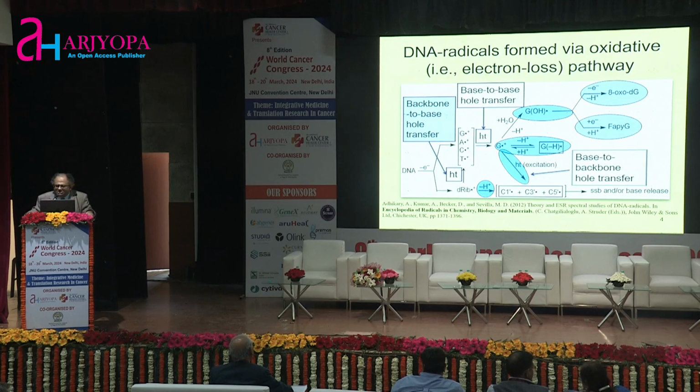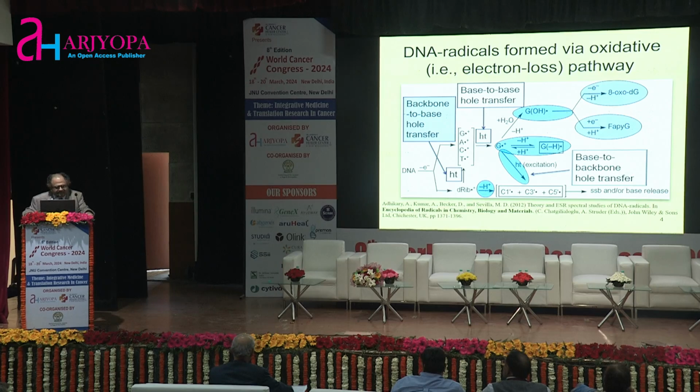That is one reaction called prototropic equilibrium. The guanine cation radical also undergoes nucleophilic attack of water, producing the GOH radical, which, by one electron oxidation, leads to one of the most important molecules, 8-oxoguanine or 8-oxo-2'-deoxyguanosine.